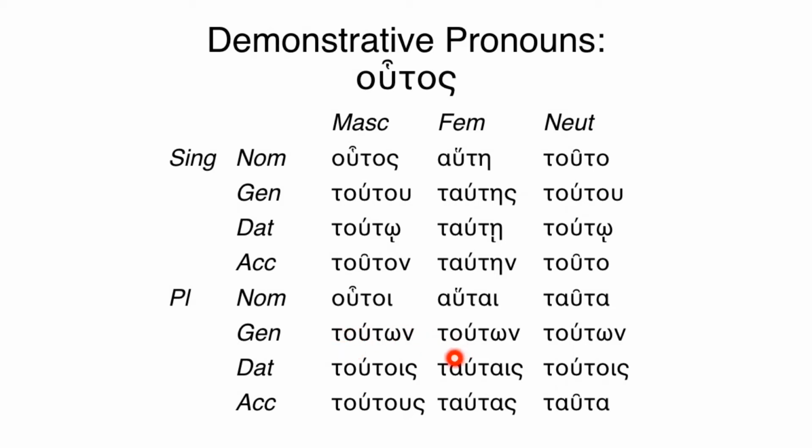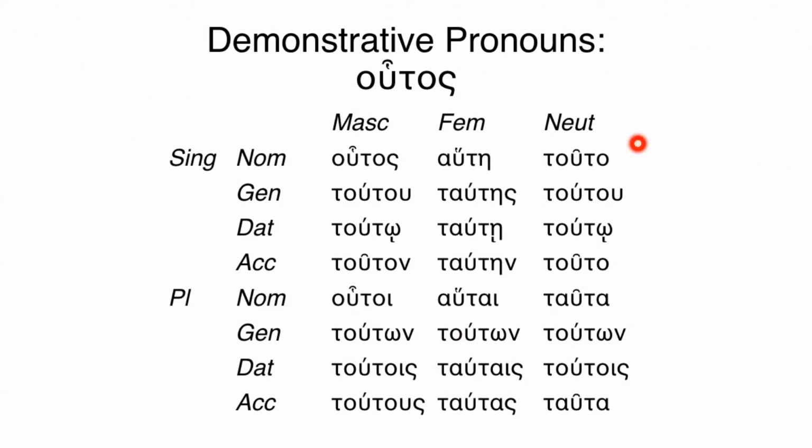The rule for this seems to be that whenever an ending has an O sound, like this ton, own ending, then the stem will switch out the alpha for an omicron. So instead of tautan, we have tuton. So watch out for that. That's a little trap for young players right there.